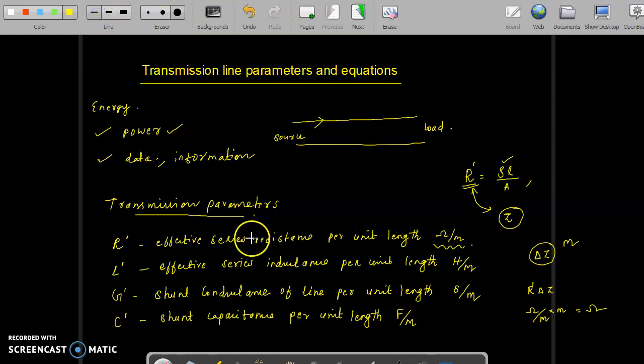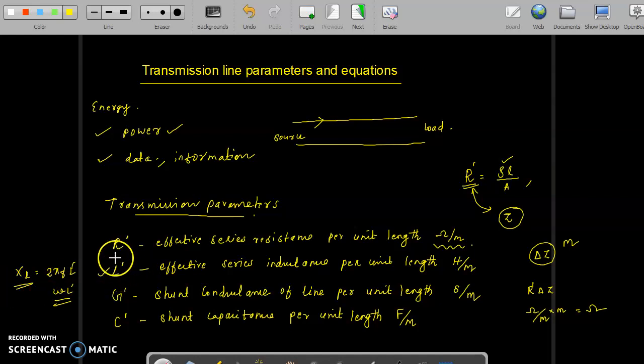Now let's see that this is the effective series inductance per unit length. It is in Henry per meter. It is effective series inductance because when alternating current flows through the conductor, some counter EMF is produced which opposes the flow of current. That opposition can be expressed in the form of XL, the inductive reactance, that is 2 pi f L or omega L. Here it is L dash, so omega L dash.